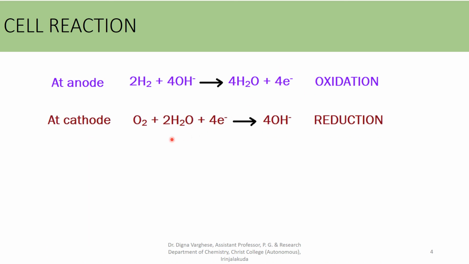At the cathode, oxygen reacts with water and the electrons from the anode compartment, undergoing reduction, forming 4 OH minus, that is alkali. In the net cell reaction, the OH minus on both sides cancels each other, the 4 electrons cancel each other, and 2 water molecules also cancel, and the net cell reaction is 2 H2 plus O2 giving 2 H2O.